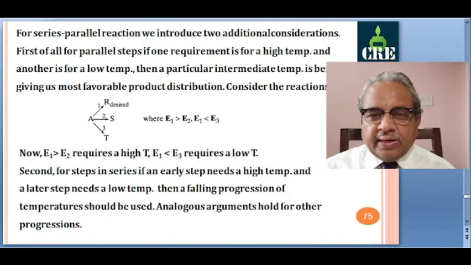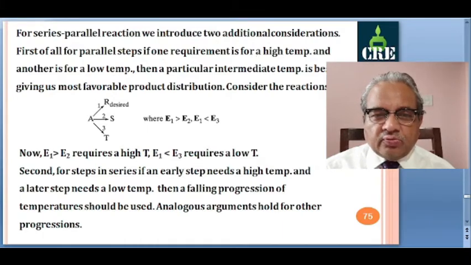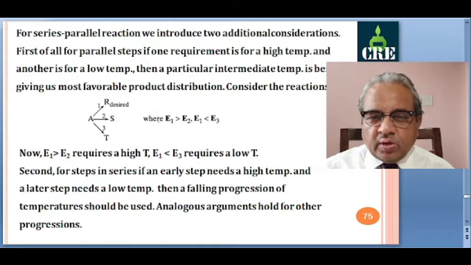For series parallel reactions, we have to introduce two additional considerations. First of all, the parallel step. If one requirement is for high temperature and another is for low temperature, so this A gives R, A gives S, A gives T. This we are considering. Three reactions are competing now, and it is mentioned that E1 is greater than E2, and E1 is less than E3.